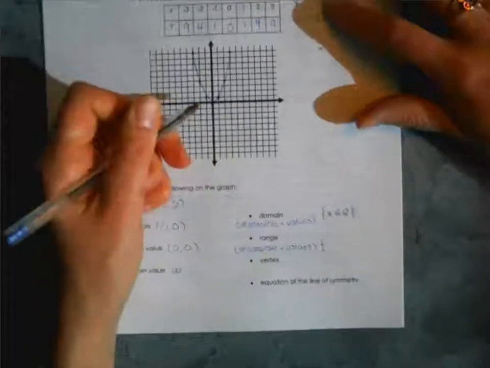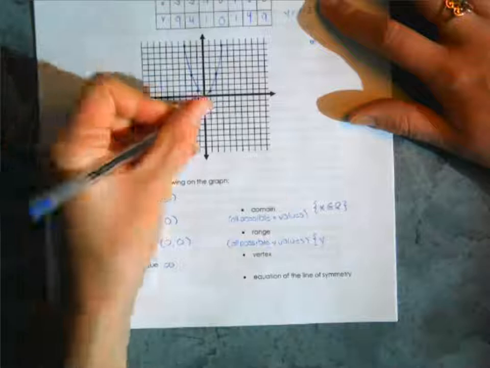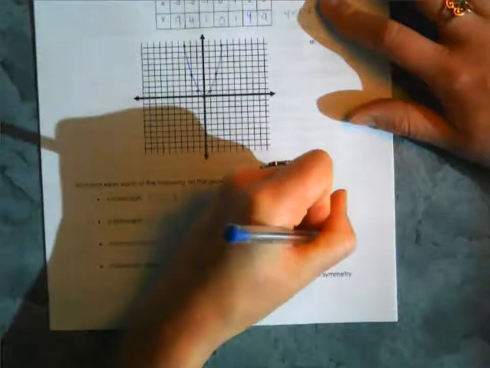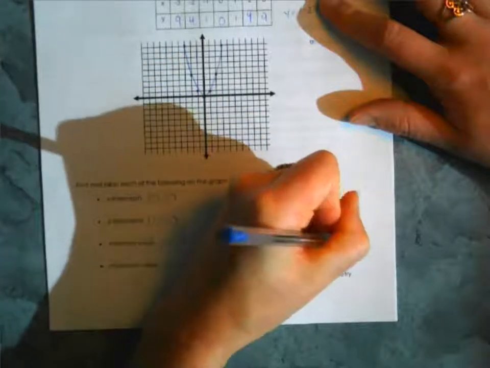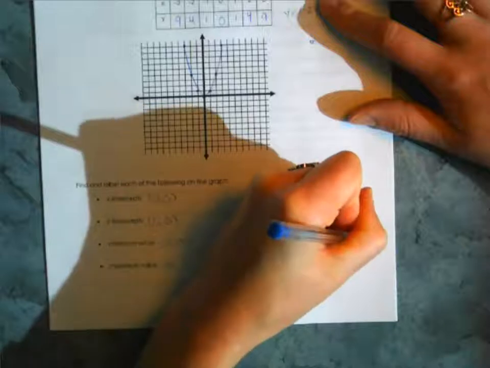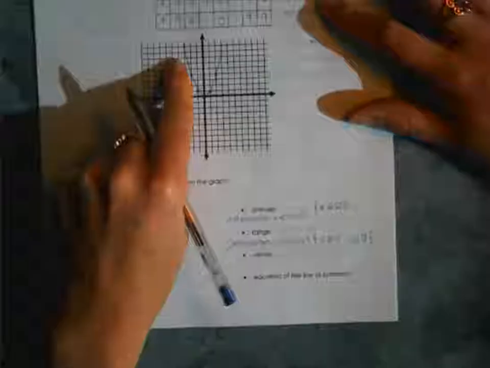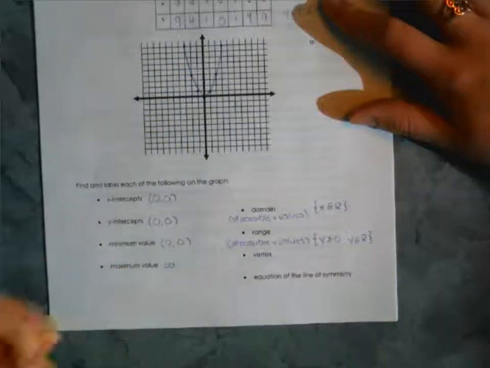So we actually have to make two statements for the range, which is that y has to be greater than or equal to 0, right? So it was 0 here. And we can also say y is equal to all real numbers. Okay, so we're giving a qualifier. It has to be greater than or equal to 0, but other than that, it can be equal to any real number.